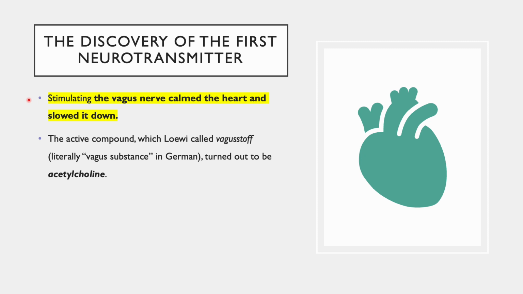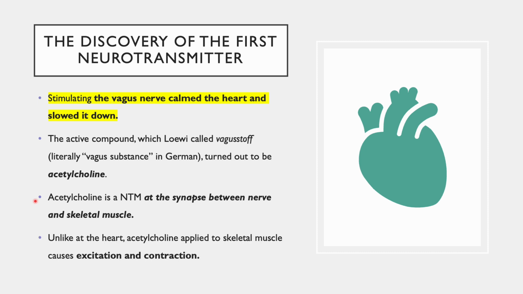So stimulation of the vagus nerve to the heart increased acetylcholine, and acetylcholine occurs at the synapse between nerve cells and skeletal muscle. So interestingly, acetylcholine caused the heart to slow down, and that's why we saw this change in heart rate in heart number 1, which eventually allowed heart number 2 to slow down its heart rate as well, because the fluid transfer of acetylcholine from heart number 1 was then brought to heart number 2.